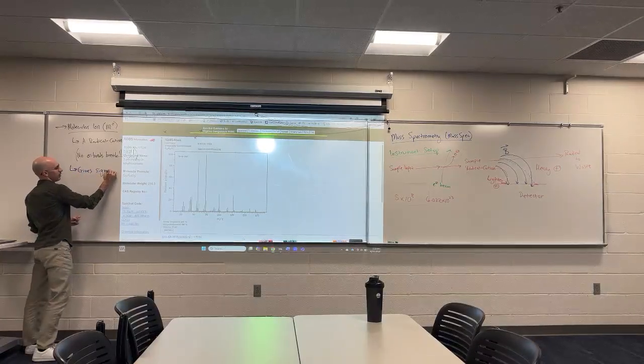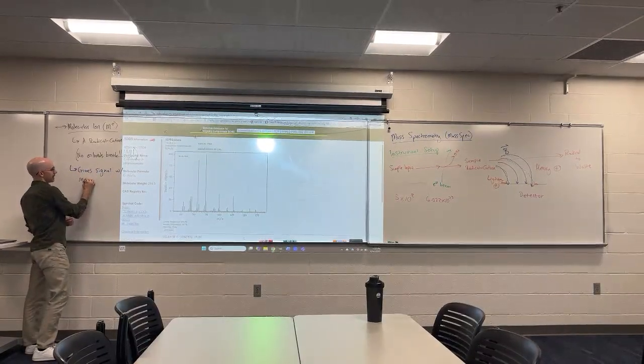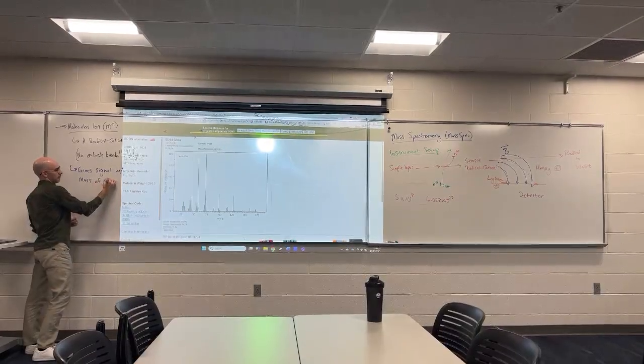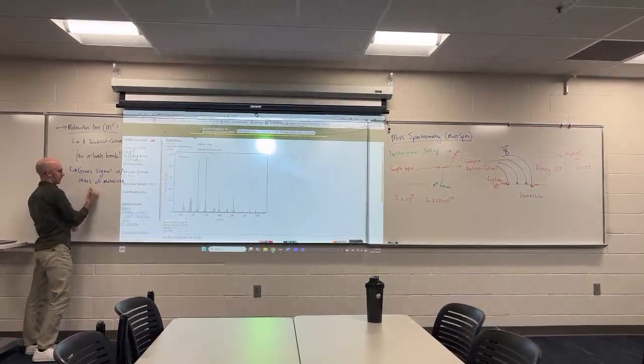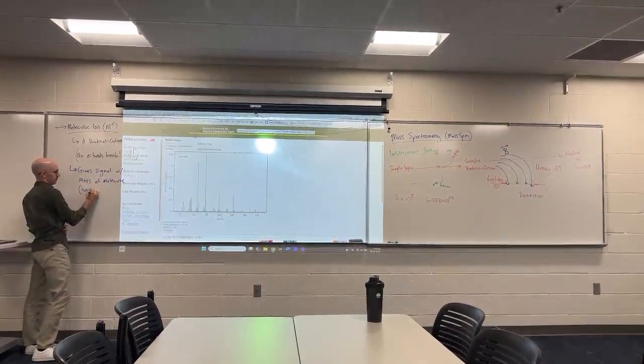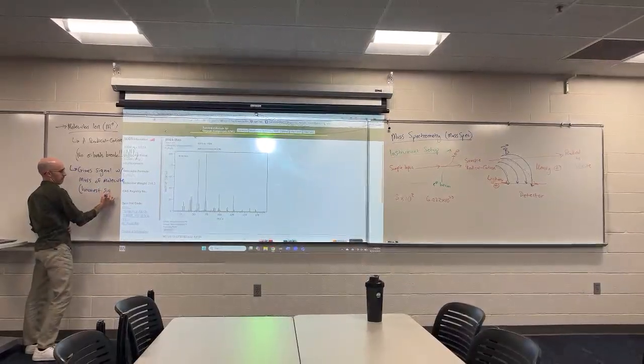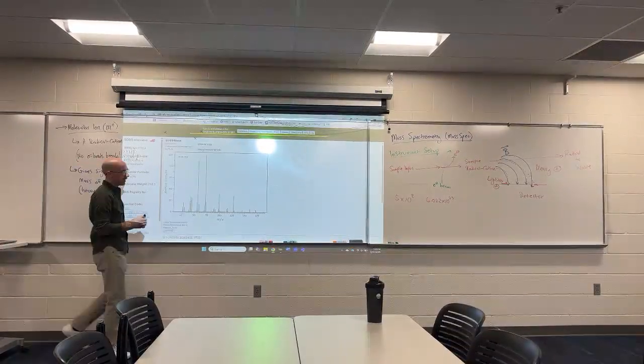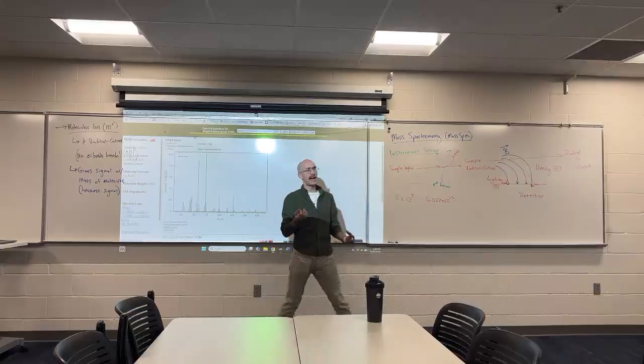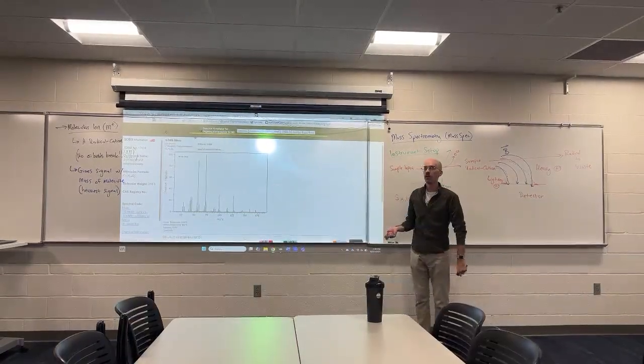It gives a signal with the mass of the molecule. That means it's always going to be the heaviest signal on the spectrum.